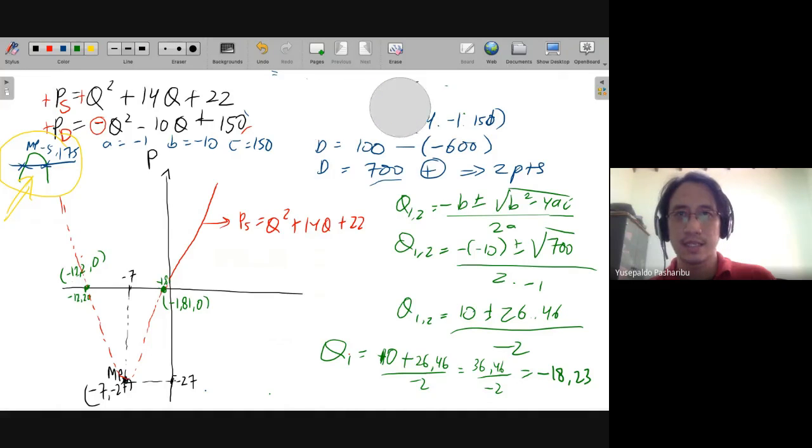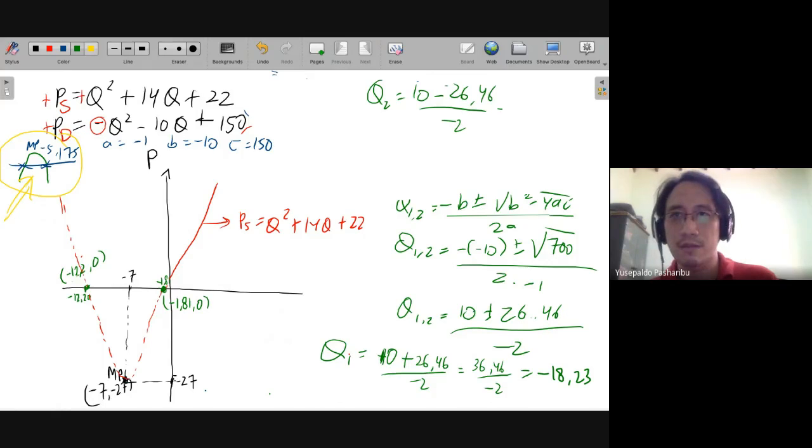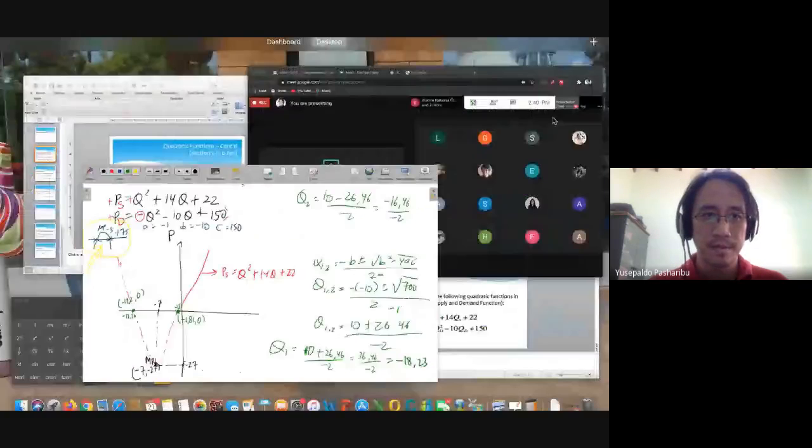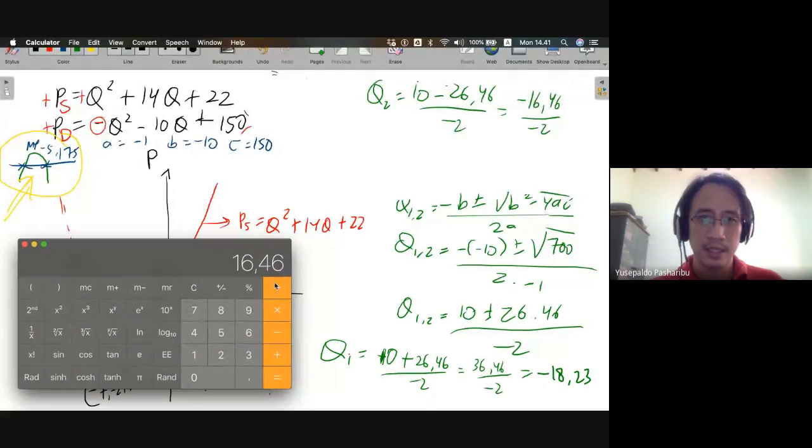And for Q2, let me erase this, we don't need it anymore. Q number 2 equals 10 minus 26.46 divided by minus 2, which is minus 16.46 divided by negative 2.